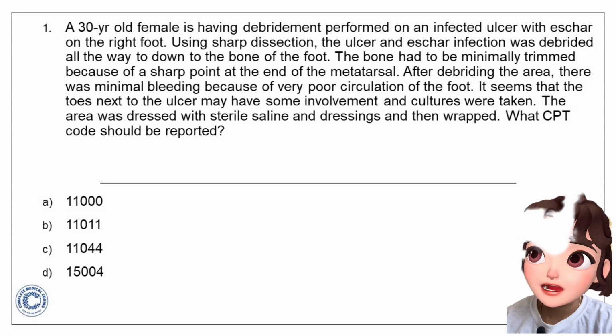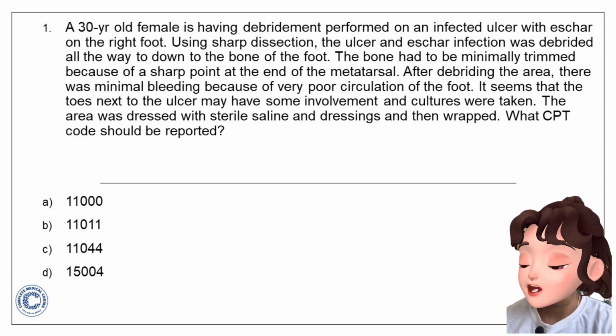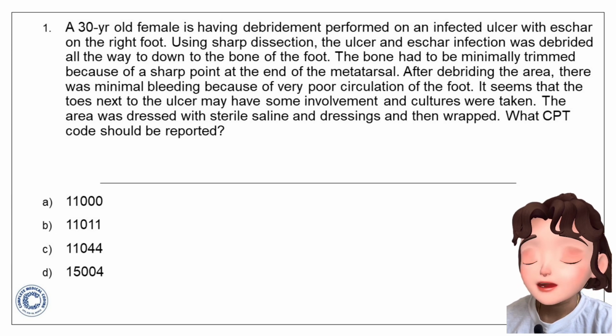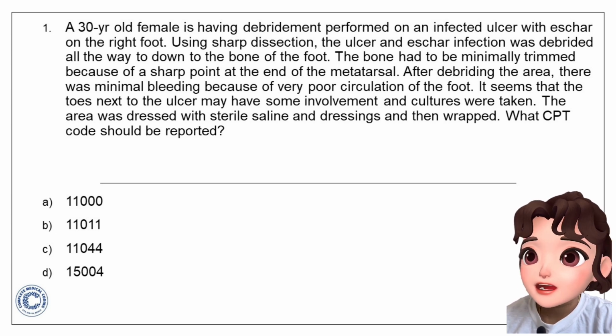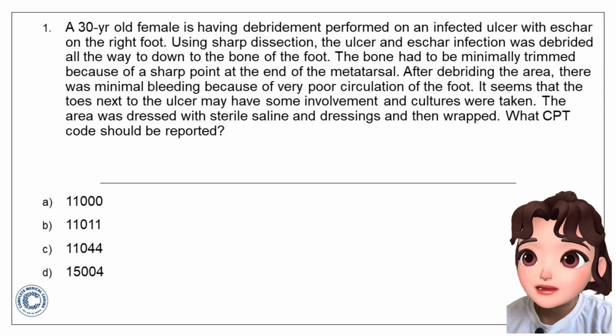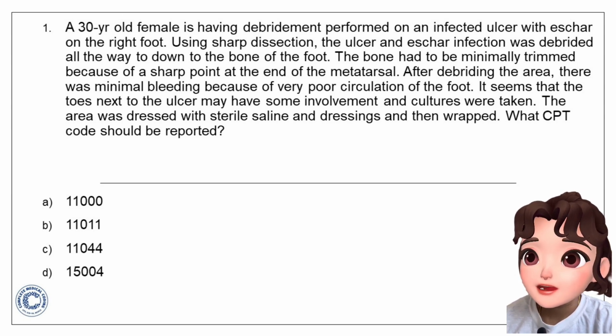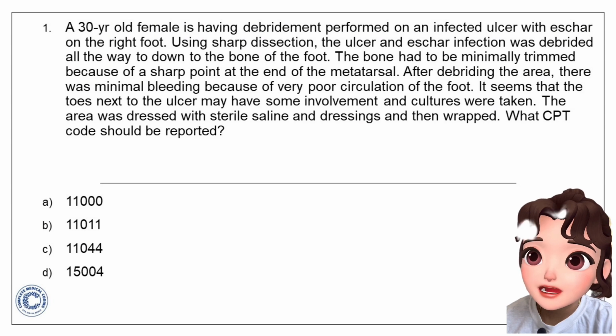This is not infant and children, and also this is not the procedure. This is just mentioning surgical preparation. This is debridement directly. We got the exact code, right? Debridement of bone, which is option C, 11044.